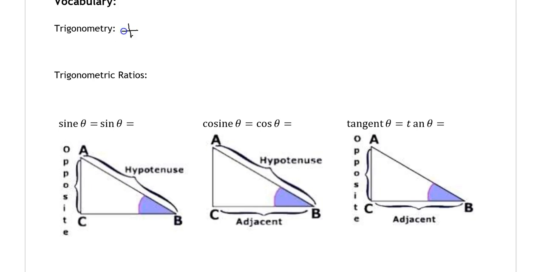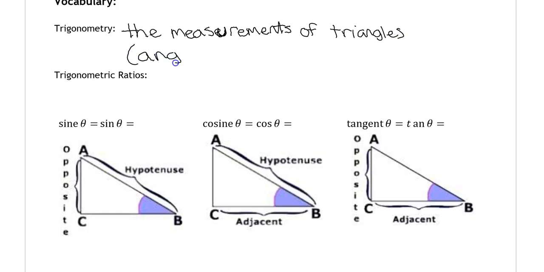Trigonometry is just the measurements of triangles, and by that we mean angles and sides. So what's the measure of the angle? How long is the side? That's what trigonometry is.